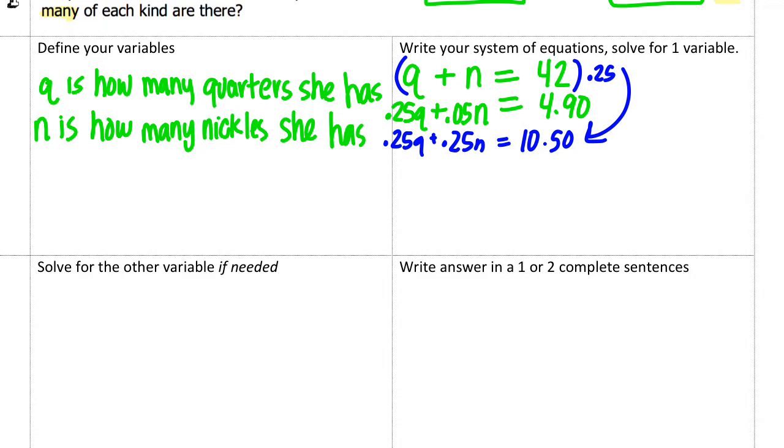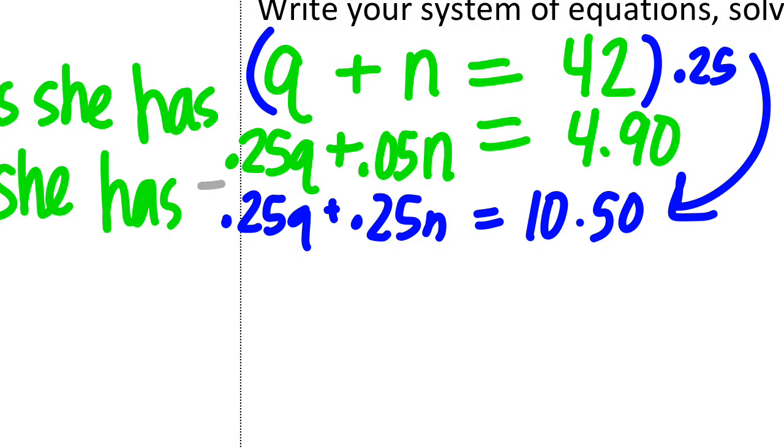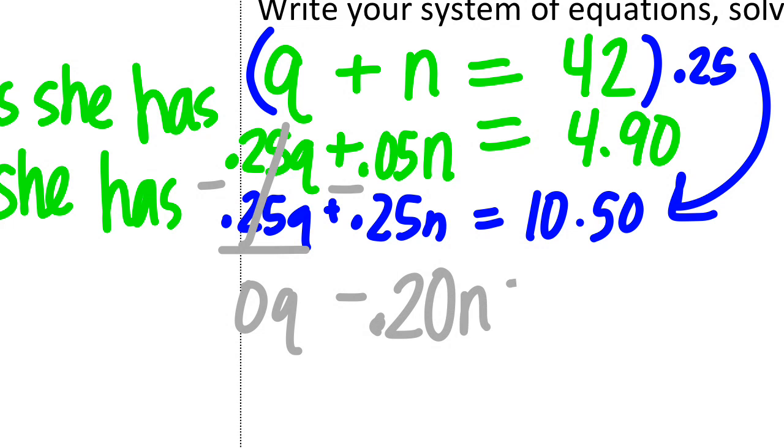Just like that. And then since these are the same over here, these quarters are the same, I'm going to subtract them to get rid of them, to eliminate them. So I'm going to do 25 cents minus 25 cents gives me 0 quarters. And I'm going to do 5 minus 25 cents, which means negative 0.20 cents of nickels.